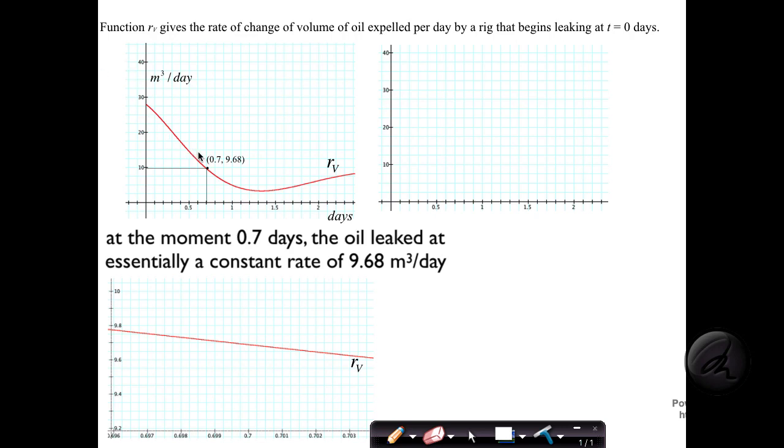The vertical value is telling us how fast something's happening or how quickly something is changing. It doesn't always have to do with time, but how fast one thing is changing relative to another. In this case, it is at what rate the oil is leaking with respect to time, so meters cubed per day.